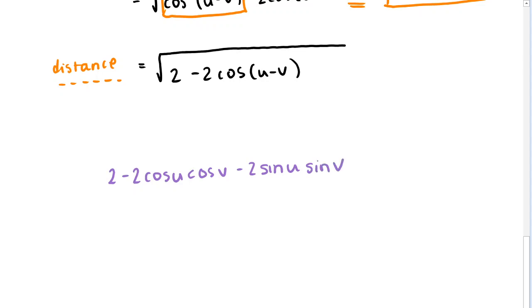And we said that this is equal to the distance of our orange dashed line, and we said that that's 2 minus 2 cosine of u minus v. Well, one thing I can do here is subtract away 2 from both sides of this equation, and we'll have an equivalent equation. So I'm going to subtract away 2 from both sides of the equation.